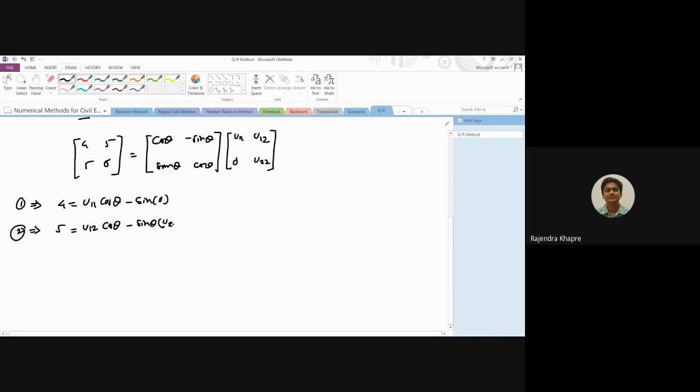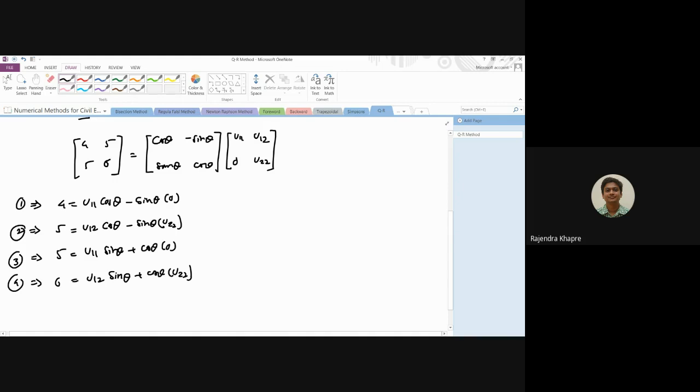I think I have wrongly written over here. This is sine of theta into 0. Is it fine? Then the third equation is 5 equals U11 sine of theta plus cos of theta into 0. Am I right? And the fourth equation is 6 equals U12 sine of theta plus cos of theta into U22.